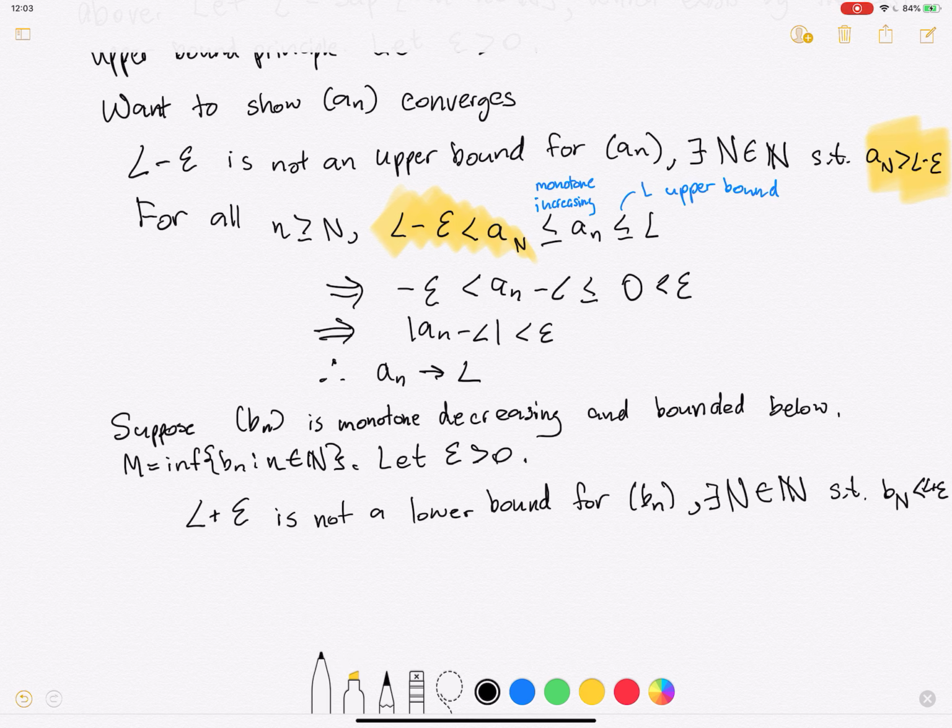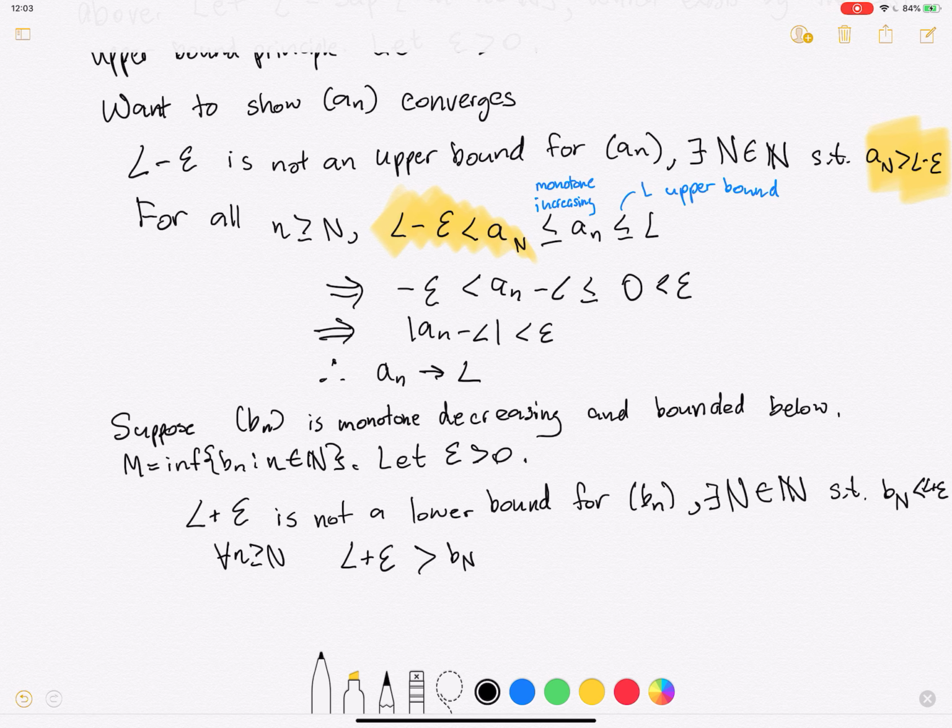And now we do the same thing. So for all n greater than or equal to N, let's flip that last one. So b_N less than L plus epsilon is the same as L plus epsilon greater than b_N.